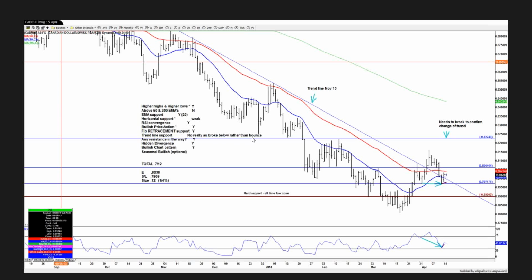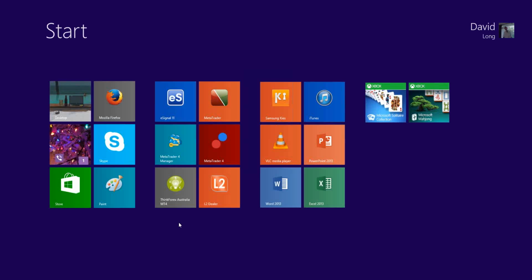No, it really is broke below rather than bounce. Yeah. Trend line support, bullish price action. I prefer to see a proper cycle above the moving average before I started buying into this. I'd prefer to be looking at shorting opportunities and be in this short.